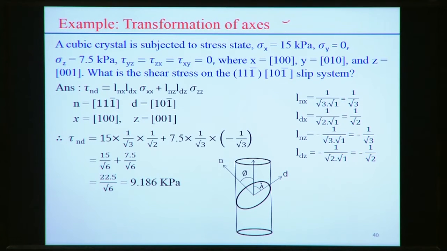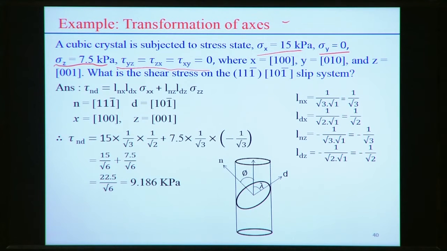We define the problem such that a cubic crystal is subjected to the stress state sigma x equal to 15 kilopascal, sigma y equal to 0 and sigma z equal to 7.5 kilopascal. These are normal stresses defined in the x, y, z axis system, but there is no shear stress acting on it. So we can say tau yz equal to tau zx equal to tau xy equal to 0.